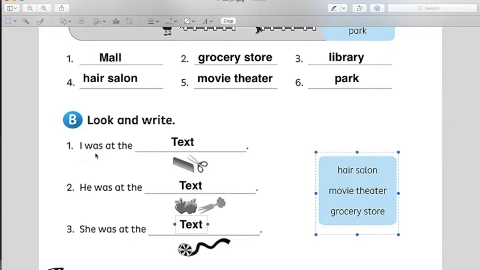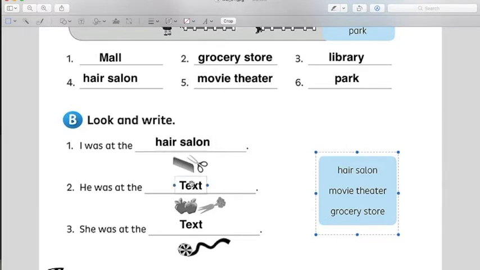I was at the, and it has a haircut place. It has a comb for your hair and scissors. That would be the hair salon. So I was at the hair salon. Number 2, he was at the, and we have an apple and carrots.